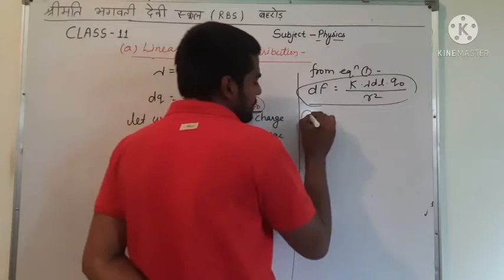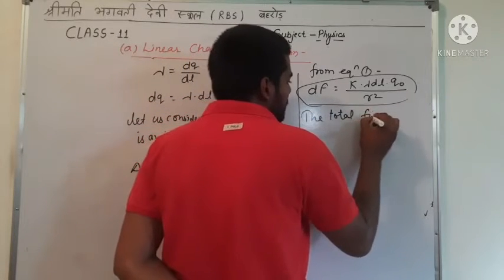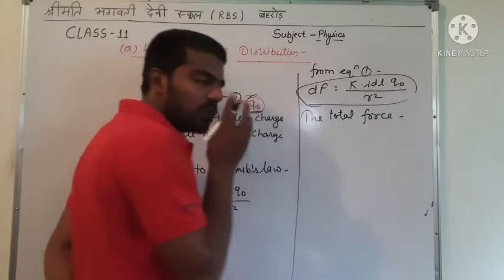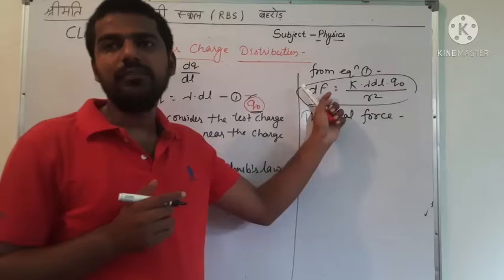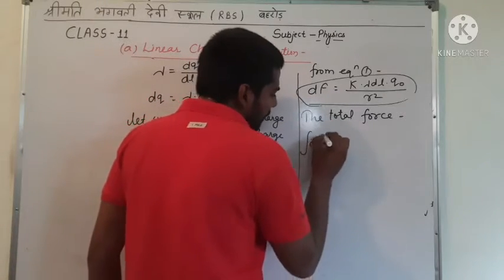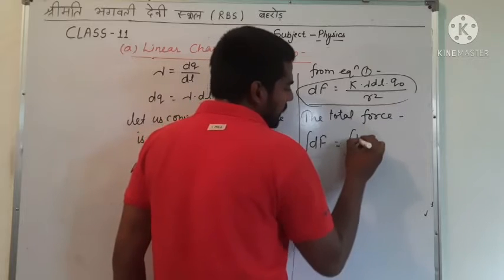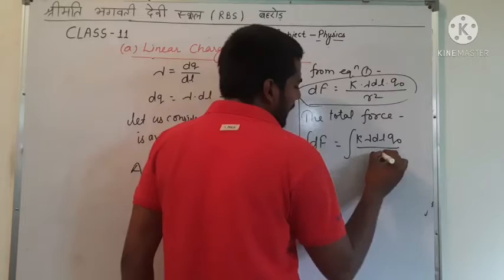The total force: when we calculate the total force, we integrate this equation. So integrate df equal to k lambda dl q0 upon r square.